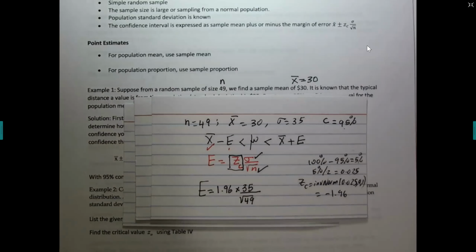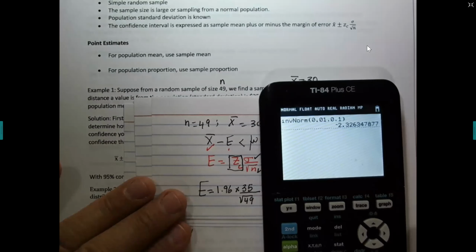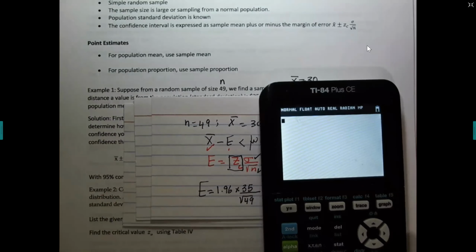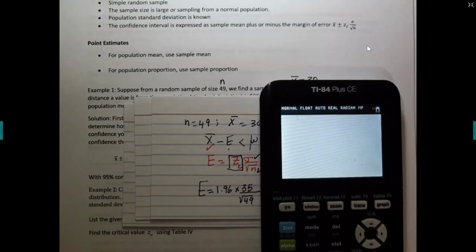So let's do the math. 1.96 times 35 divided by, what's the square root of 49? I'm not going to put square root of 49. I'm just going to put what? 7. There you go, guys. It's 9.8.